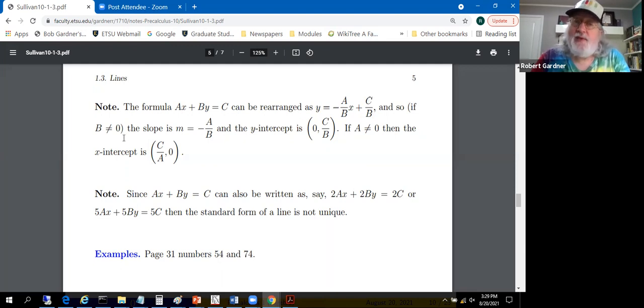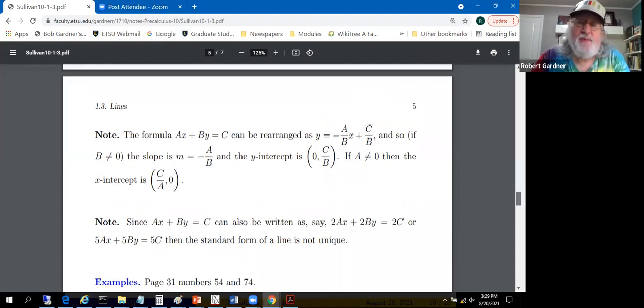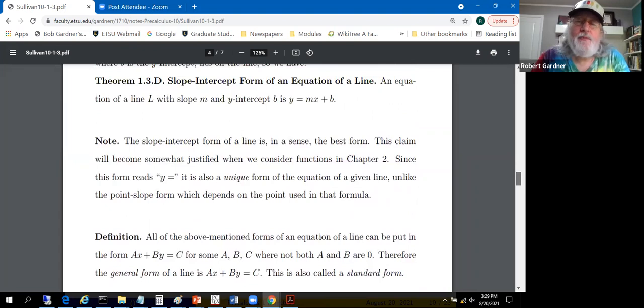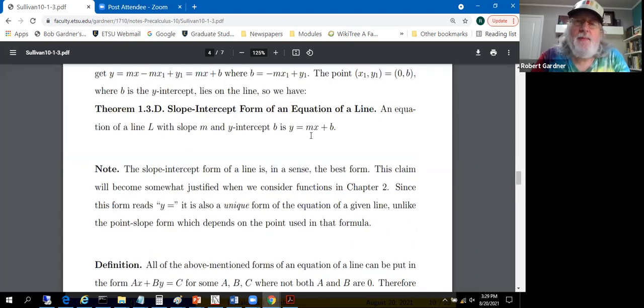So, provided B is not 0, we must have a slope of negative A over B. That's the thing that goes here. And we must have a y-intercept of 0, comma, this thing here. We represented this with a lowercase b previously, y equals mx plus b. Let's scroll back and take a look at that. Yeah, y equals mx plus b.